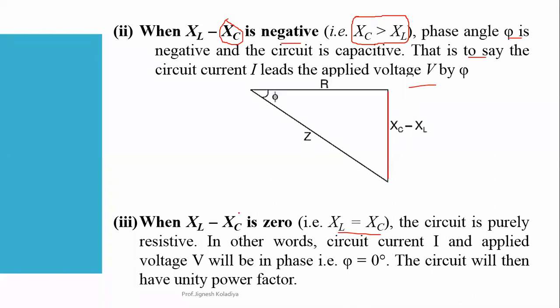And in the third case, when XL and XC both are the same, what happens?